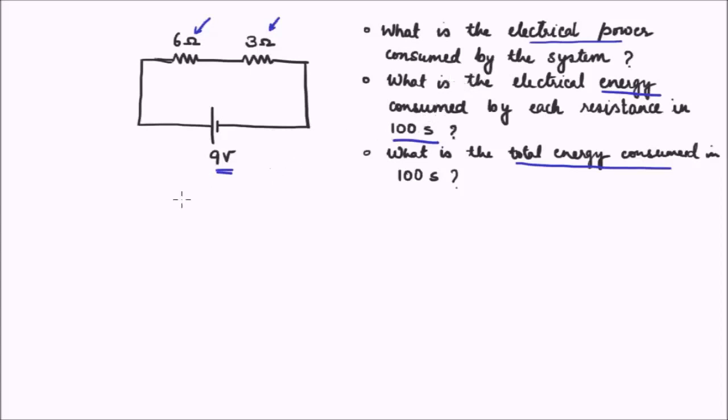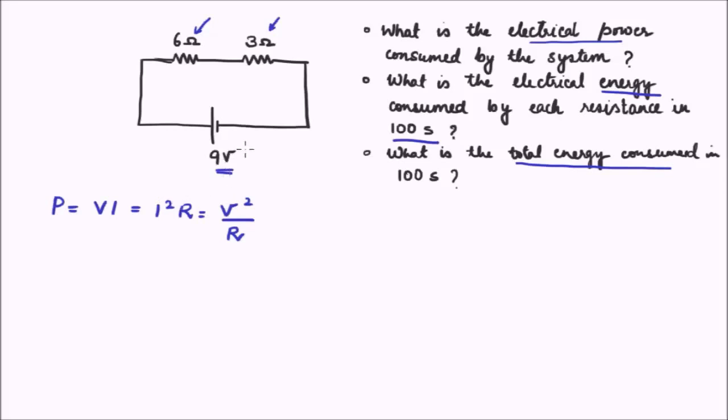So to begin with, let us write what are the formulas we know about power. We know that power is VI, I square R, V square upon R. So these are the three relations we know about power. What do we have here?